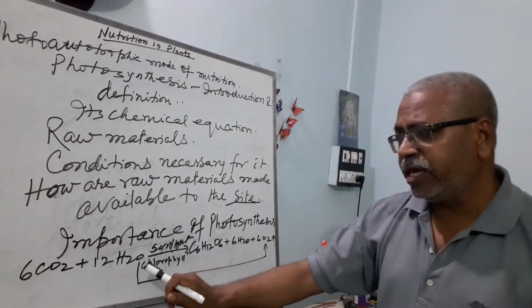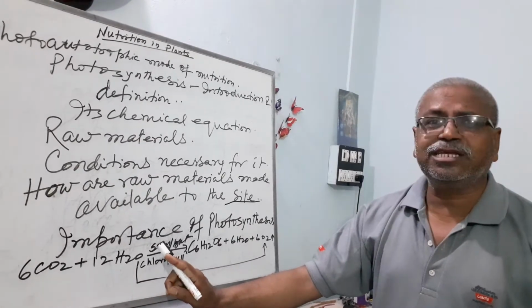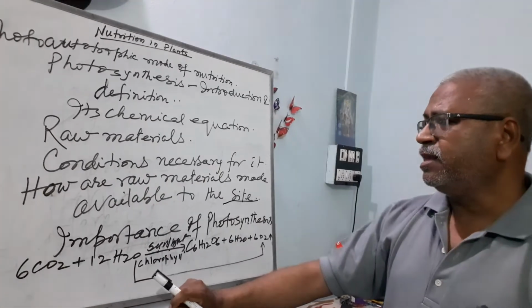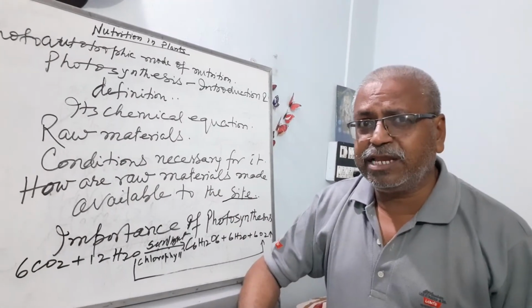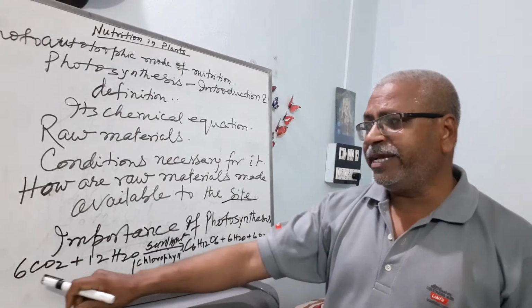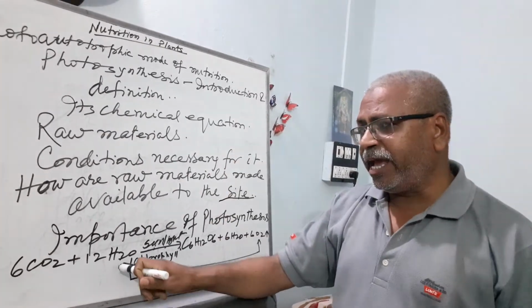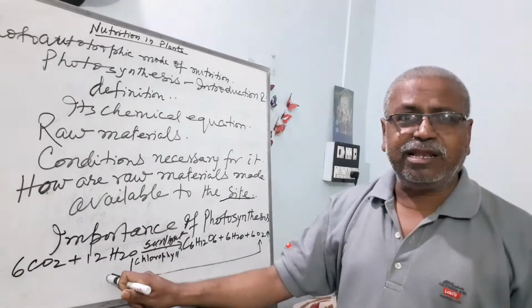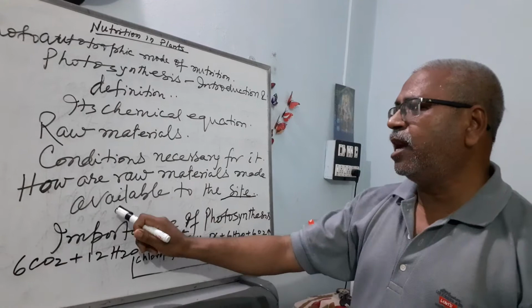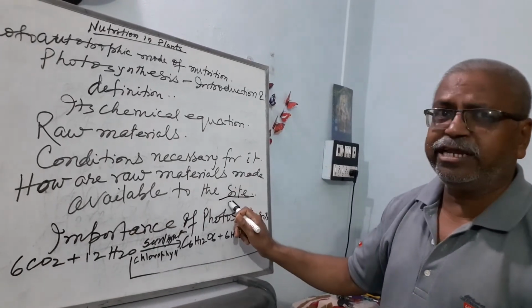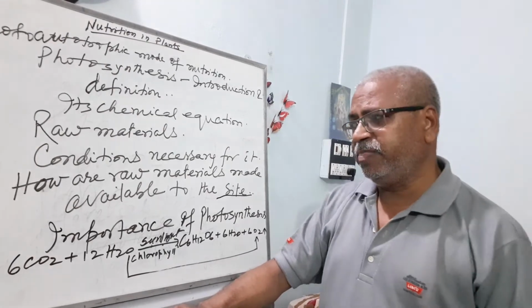Chloroplast is the site where photosynthesis really occurs. Now, chloroplast is inside the cell of the leaf, and raw materials are available in the atmosphere and in the soil. The question then arises how the raw materials are made available to the site of photosynthesis, that is the chloroplast present in the plant.